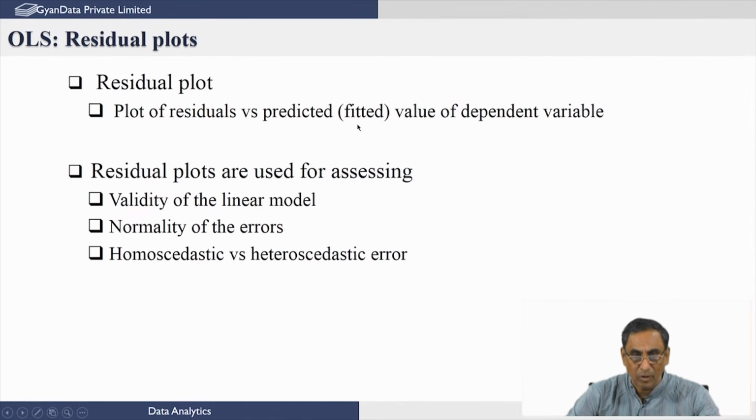So, this is called the residual plot, the residual versus the fitted or predicted value, and this plot is very useful in testing the validity of the linear model, in determining whether the errors are normally distributed, whether the assumptions on errors are okay, and whether the variances of all errors are identical or not, which is called the homoscedastic case, which means the errors in all measured values are identical, or the variance of the error in different measured values are non-identical, which is called the heteroscedastic case or heteroscedastic error. So, let us see how the plot looks for each of these cases.